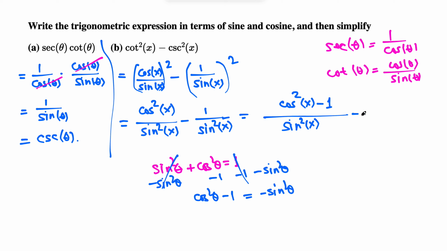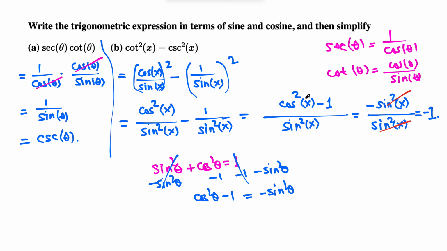So you can go ahead here and write, cosine square x minus 1 is in fact negative sine square x. The negative means negative 1 in the front, and we can cancel the same thing. So negative 1. So this one is negative 1.